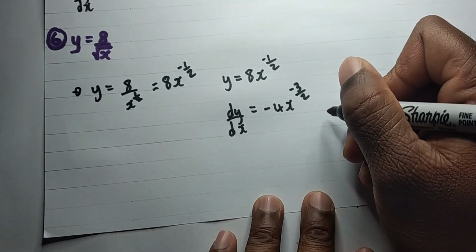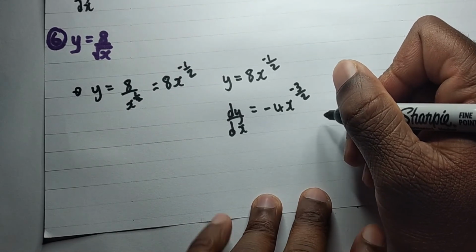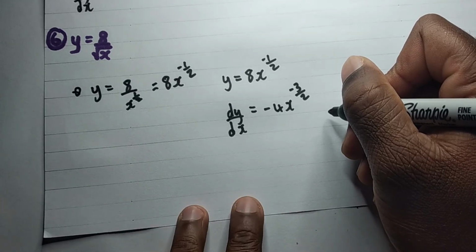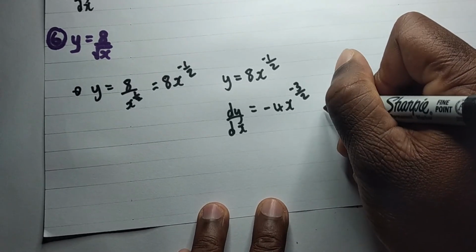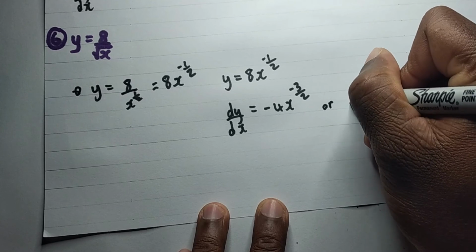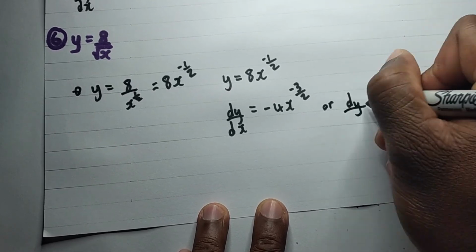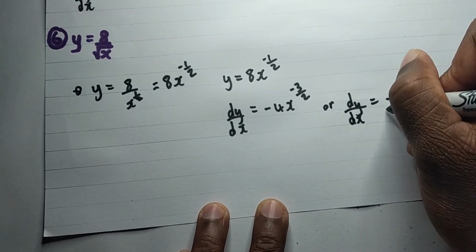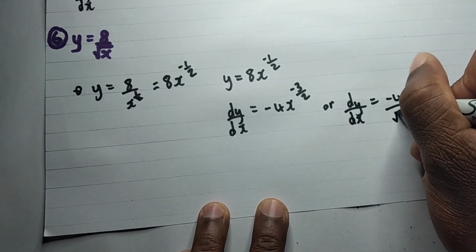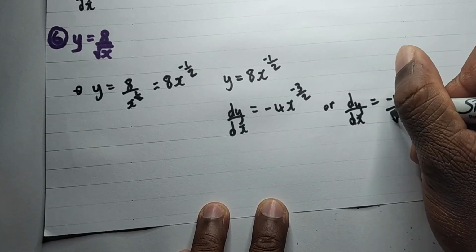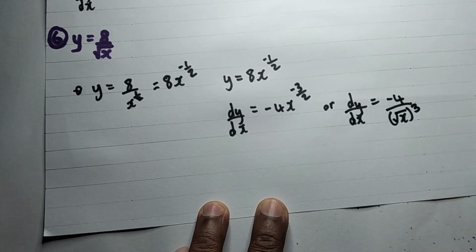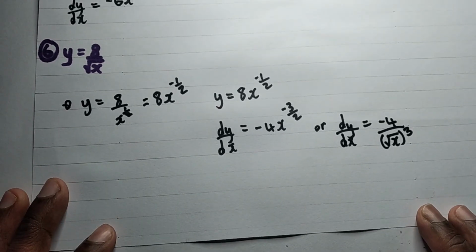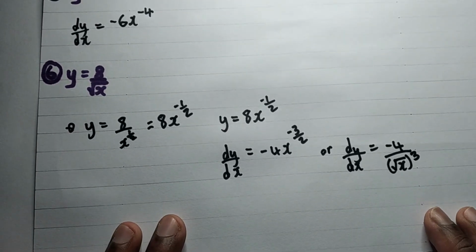Now if we wanted to apply a little bit of indices, we could write this in a simpler form if we so choose. You don't have to, but we could also write this as dy by dx equals negative 4 over the square root of x cubed. If you are comfortable with indices, you could do that. But that's pretty much how you use the power rule.